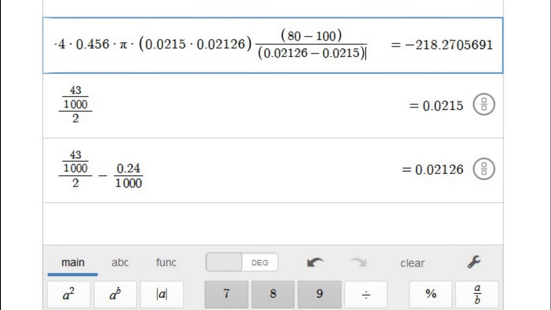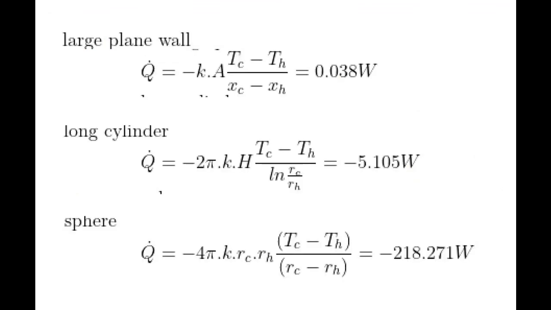The values for heat flow through plane wall, long cylinder and sphere models are compared in the clip. The equations are all written in the same form, in terms of the functional relationship of temperature difference and direction of heat flow. We can observe two differences.